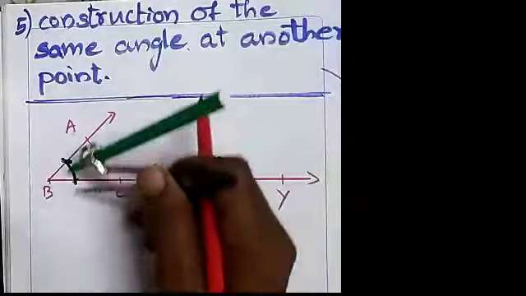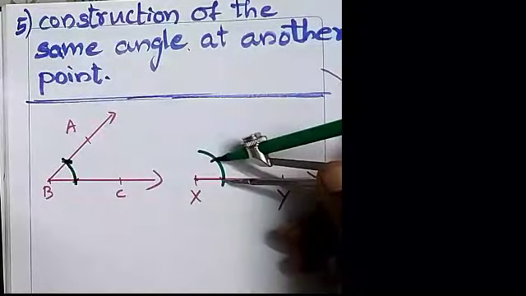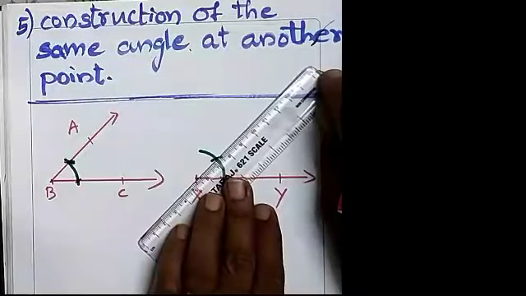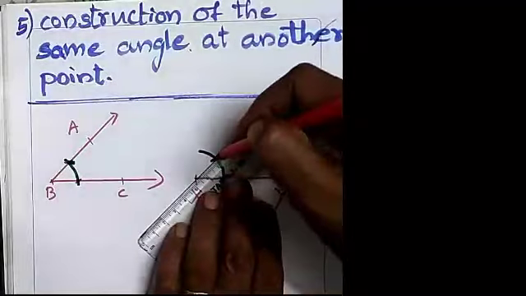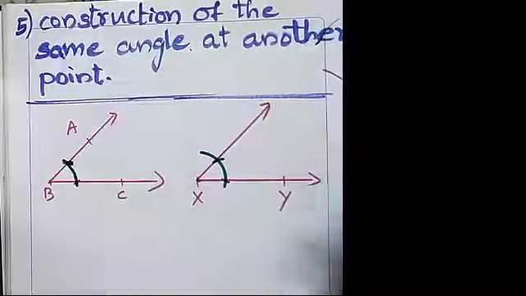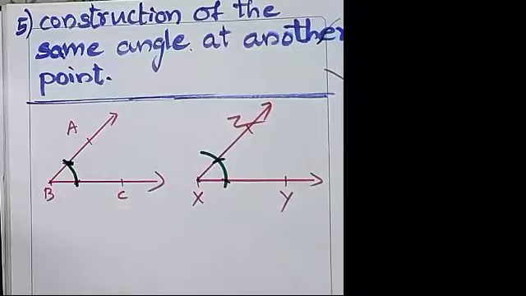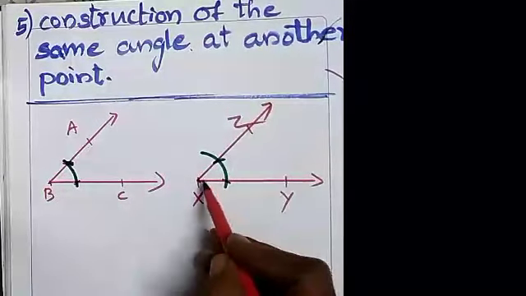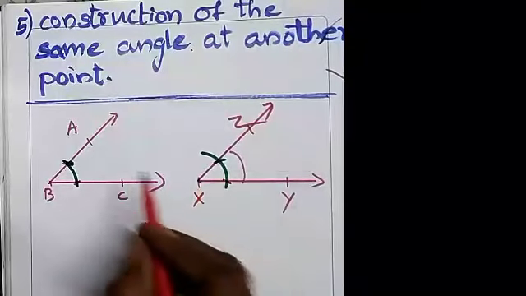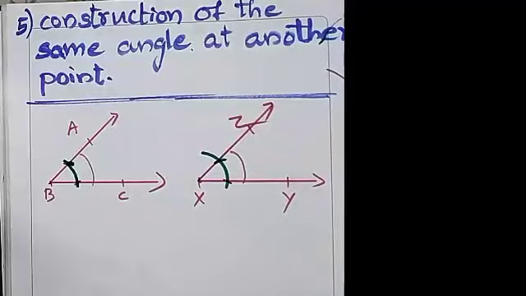Understand? So the same arc length we are constructing here. Now this new point you need to join with the point X. See this. Now suppose this point is Z. Now angle ZXY. Here this angle will have the same measure as ABC.